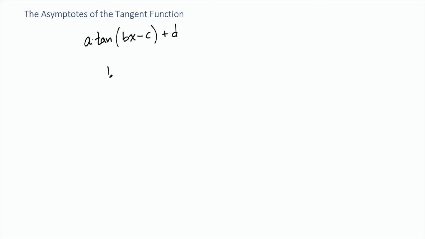That occurs when bx minus c is equal to negative pi over 2, and when it's equal to positive pi over 2. So in order to find the asymptotes, you just solve these two equations for x, and that gives you the x values of your asymptotes.